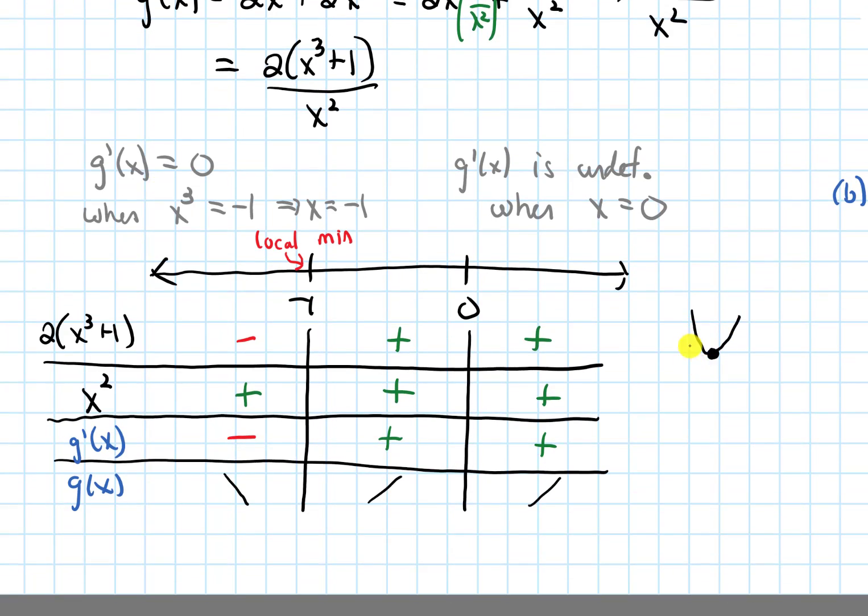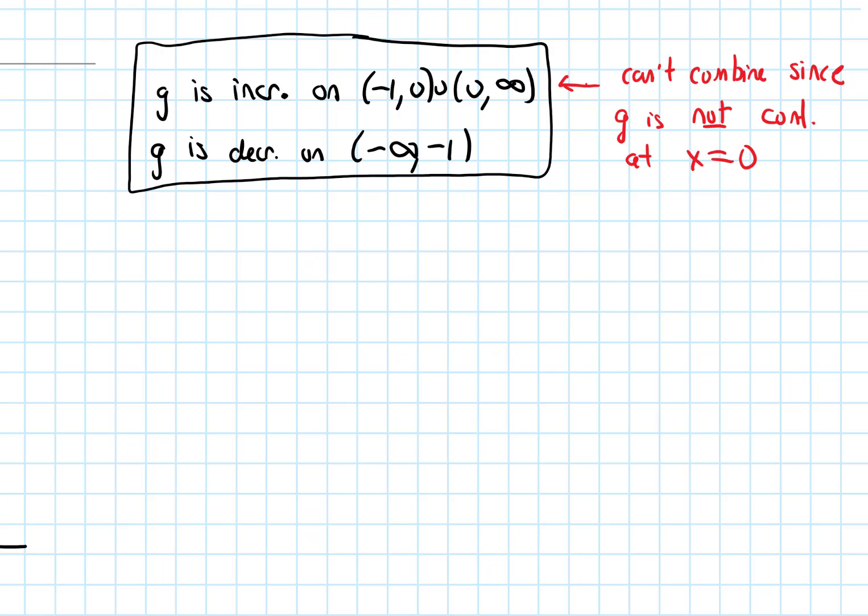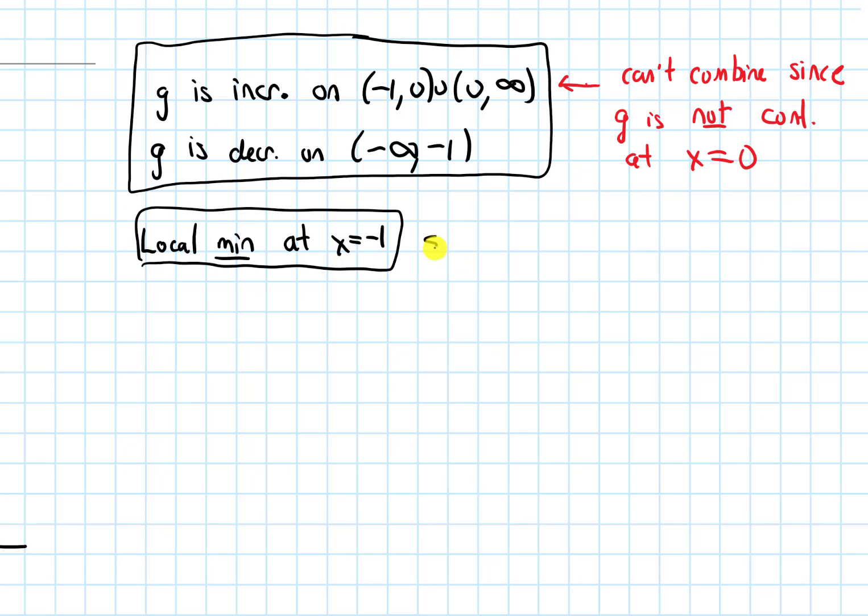So the graph will look like this. It will have a local min. So writing that down, there is a local min at x equals -1. And I'll write the reason why. It's since our derivative g prime changes from negative to positive.